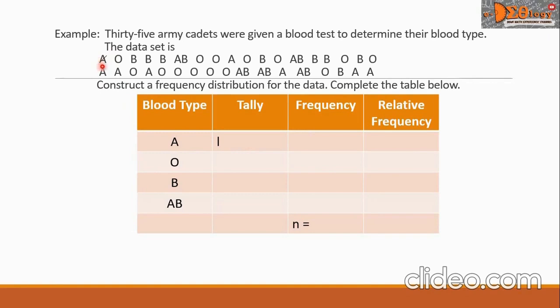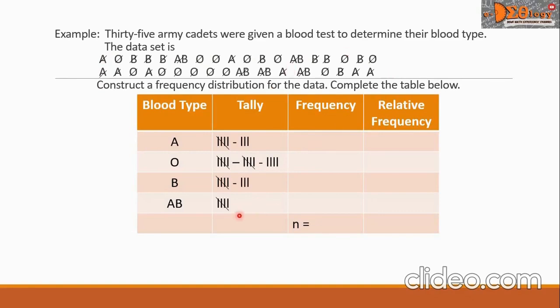This striking out of datum we will do on every raw data here. And to summarize, we have now the complete list of tally of our data set.